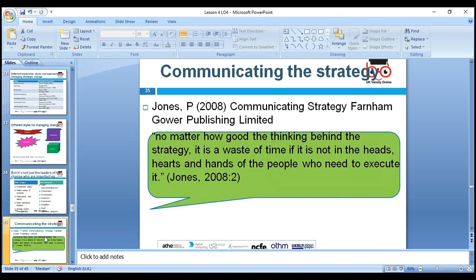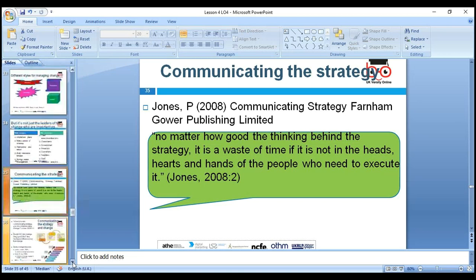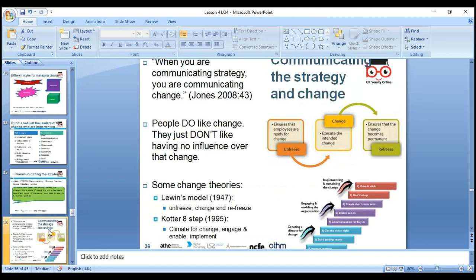Then if you want to implement according to the model, we need to make communication strategies effective. No matter how good the thinking behind the strategies, it is a waste of time if it does not win the hearts and hands of the people who need to execute it. So we need to make sure that we communicate them.